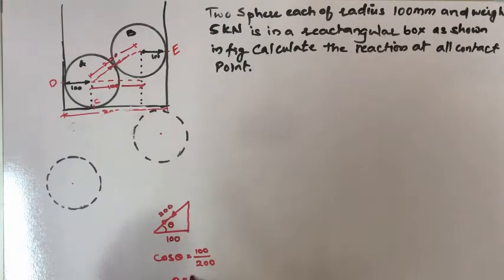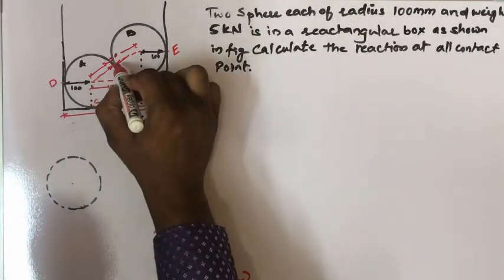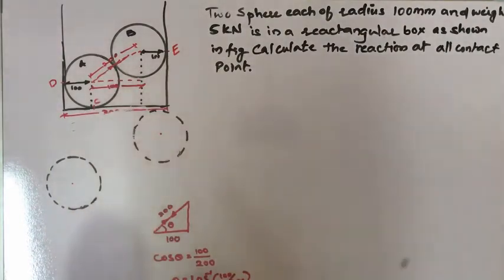So theta will be cos inverse of 100 by 200, which is cos inverse of 0.5. We'll get 60 degree. So we get the angle as 60 degree. That means the reaction produced between these two is making an angle of 60 degree.